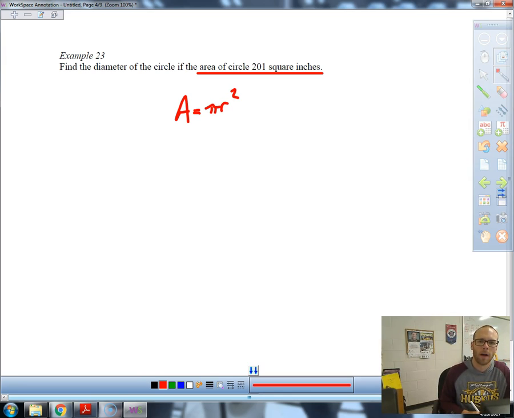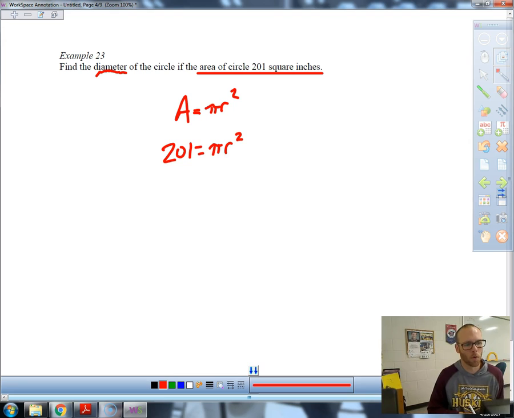Area is equal to pi r squared. 201 is going to go in for the A. Now we're trying to find diameter. Our formula for area does not include the diameter, but if we can find the radius, can we find the diameter? You bet. So how do I solve this for r?